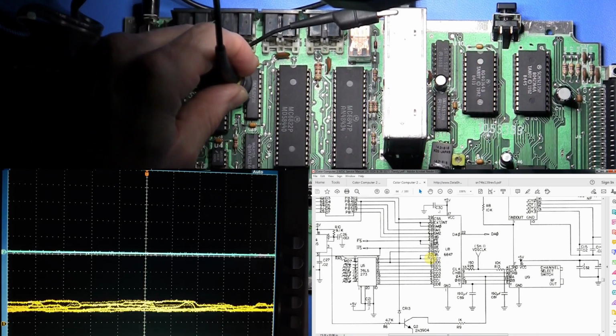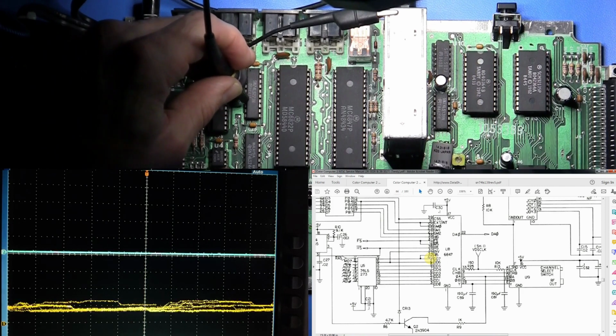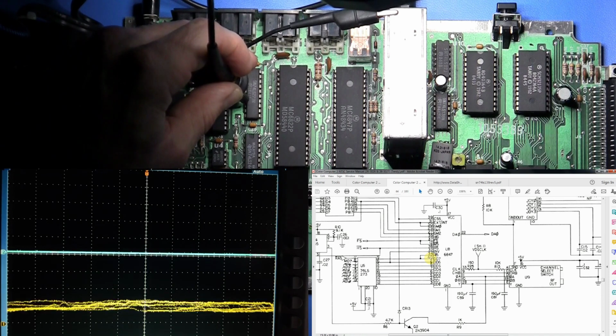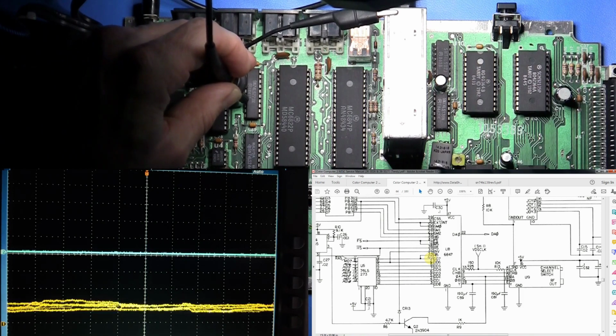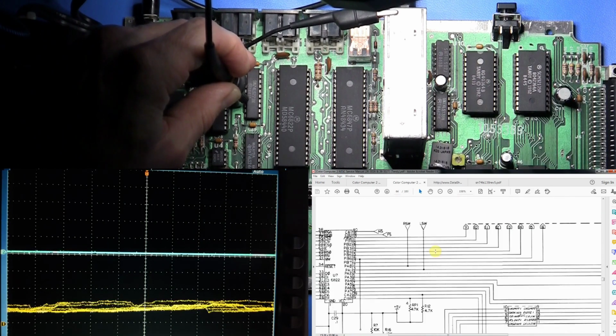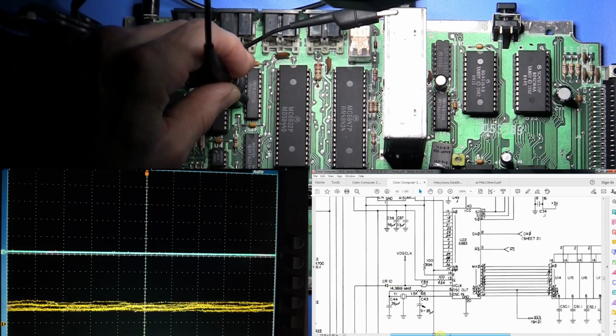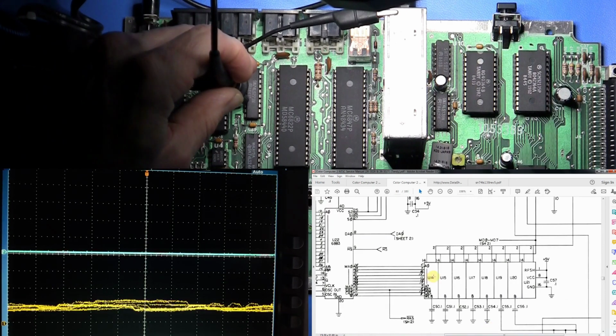That comes straight from the RAM bank. MD6. That would be a RAM chip that holds bit 6 of the data bus. I believe this is bit 0, or MD0, 1, 2, 3, 4, 5, 6.